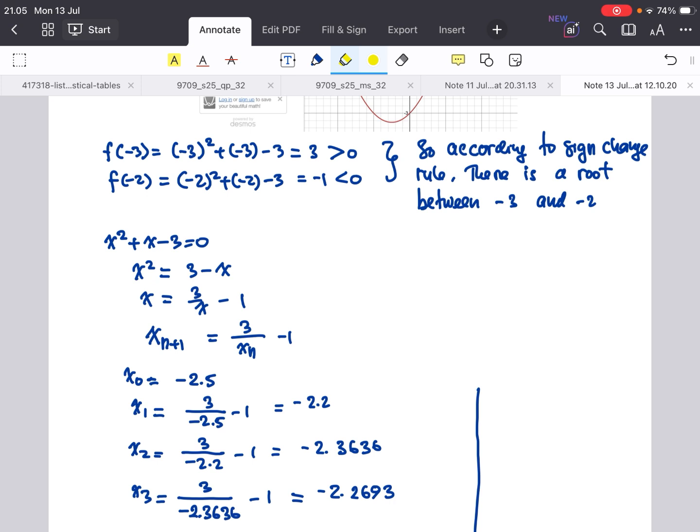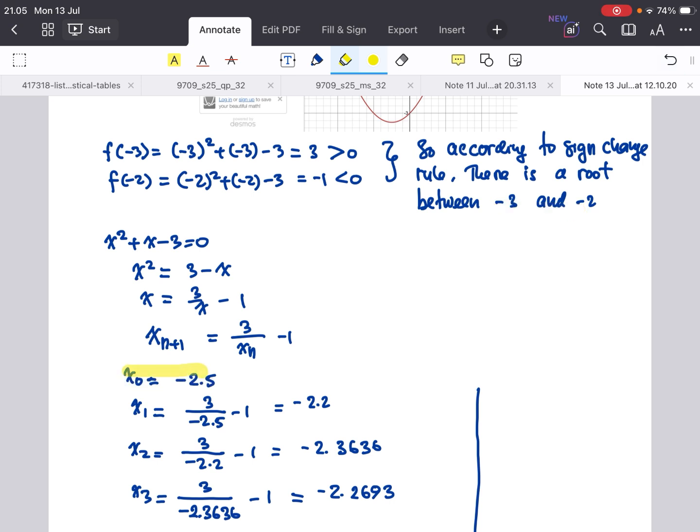Since we know that one solution lies between x equals negative 3 and x equals negative 2, I think it's reasonable and easy to understand that we may start from x0 equals negative 2.5, because it's in between negative 3 and negative 2.